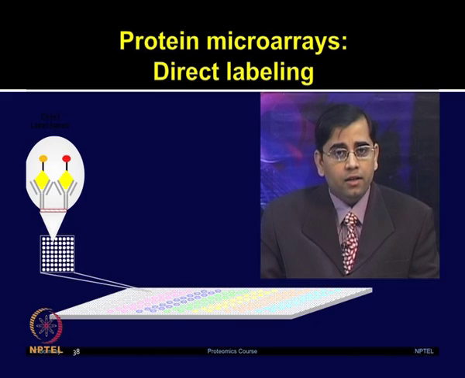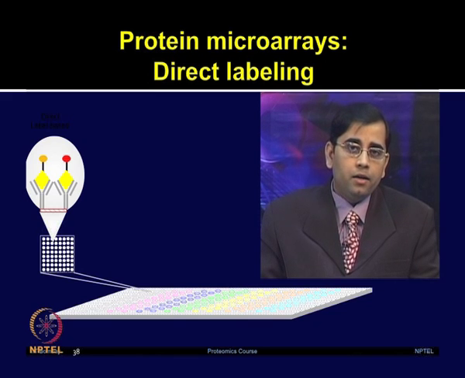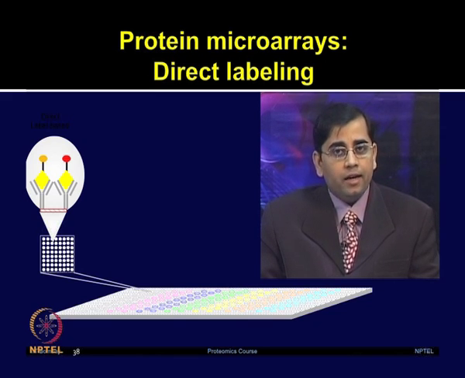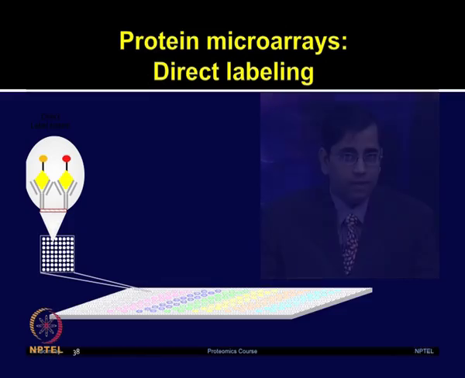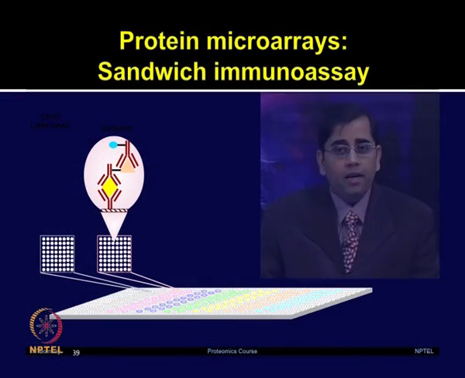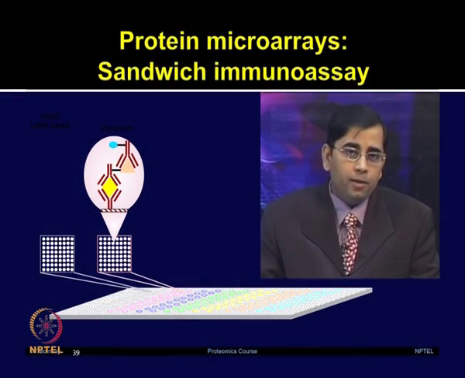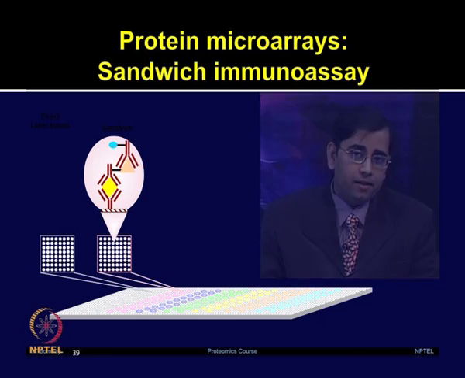The one shown here shows direct labeling, where the target proteins are labeled with fluorescence or another tag, which allows detection after capture by the antibody immobilized on the array surface. The other approach is the sandwich immunoassay, in which the target protein is captured by an antibody, followed by detection with a labeled secondary antibody, as shown in the slide.